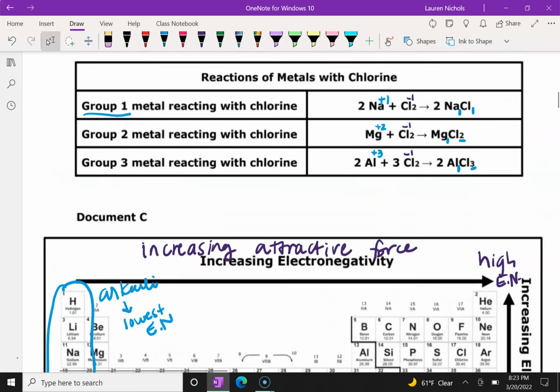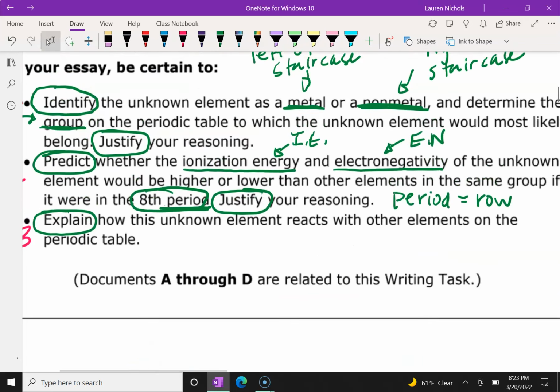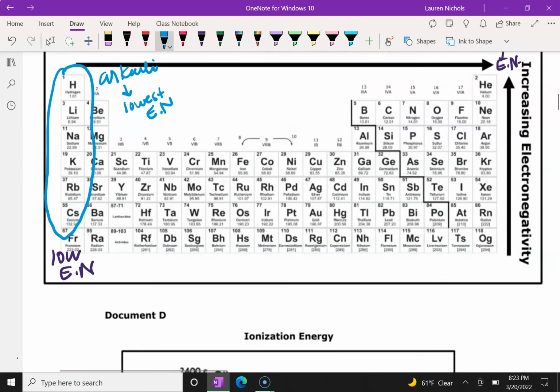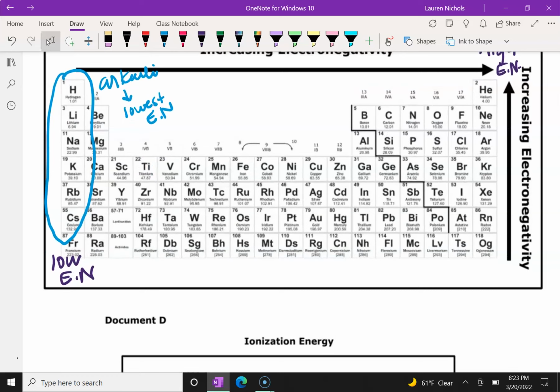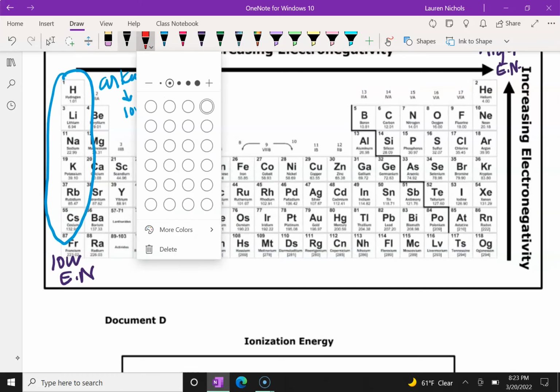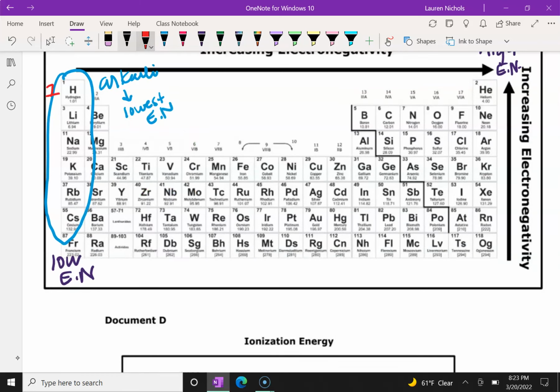And then our prompt mentioned that it would be in the 8th period. And the 8th period, remember, there's 7 rows or 7 periods right now. We have 1, 2, 3, 4, 5, 6, 7. So if there was a period 8, period 8 would have the lowest electronegativity out of all of them, especially if element X was right here.